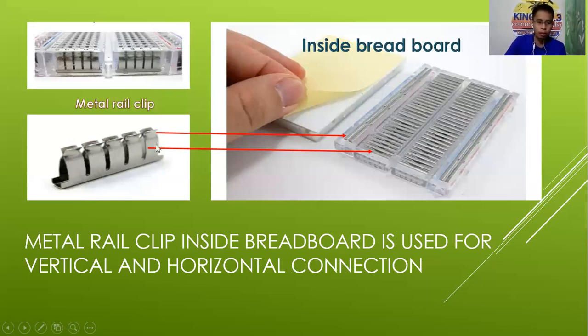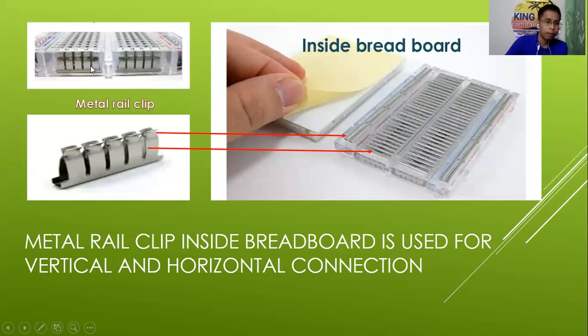What do you mean by interconnected? They are connected, they are shorted to each other. Okay, they are only shorted within the group, not to the next rail, the next rails. Okay? So that is what is inside the breadboard. As you see here, they are shorted here.